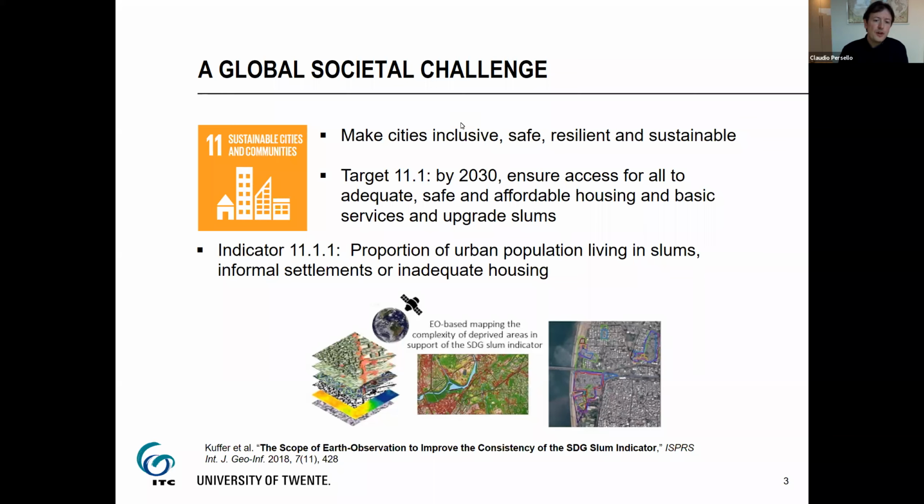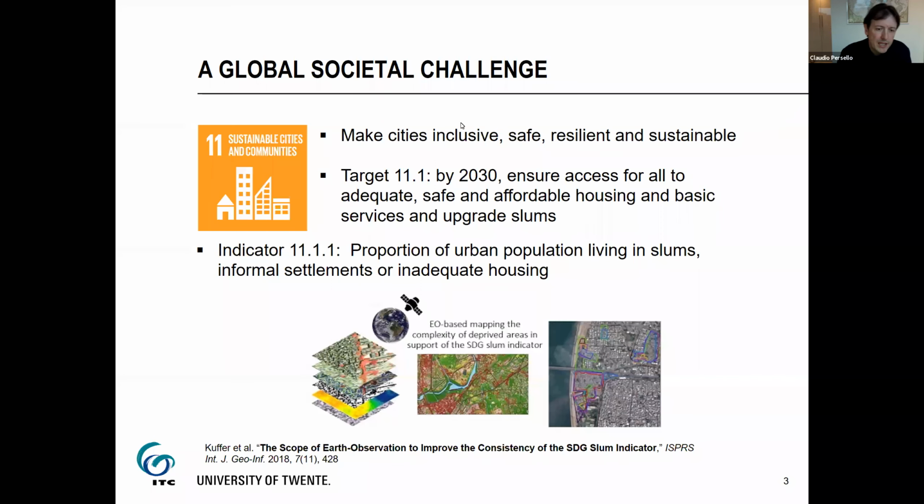So also in this context, remote sensing, based on satellite images or also other platforms such as aerial images or UAV images, allows us to provide useful geospatial information to support the achievement and the monitoring of these sustainable development goals.